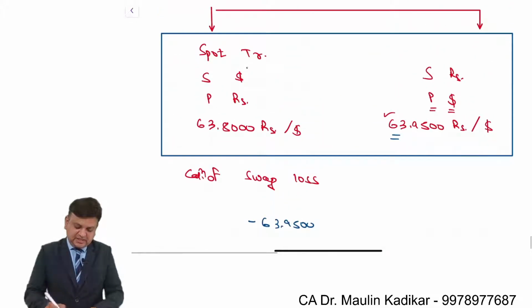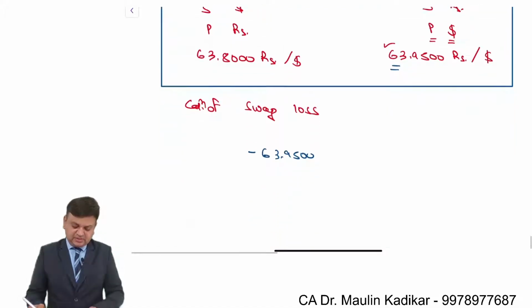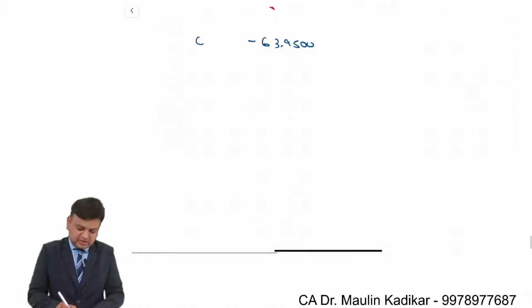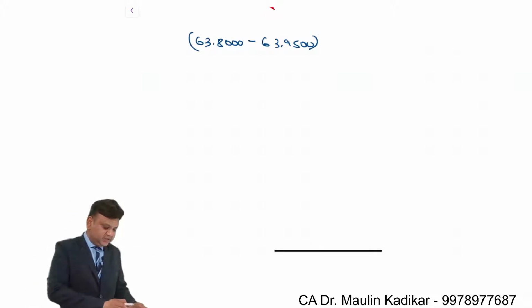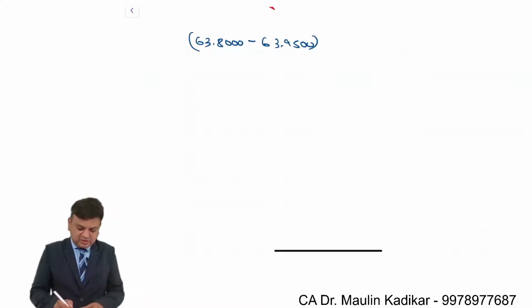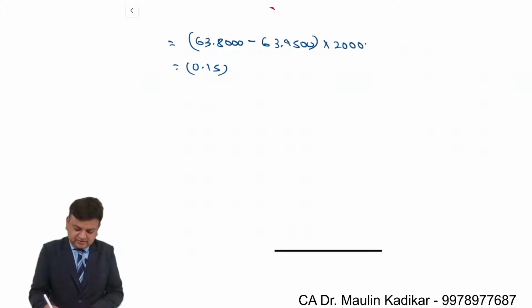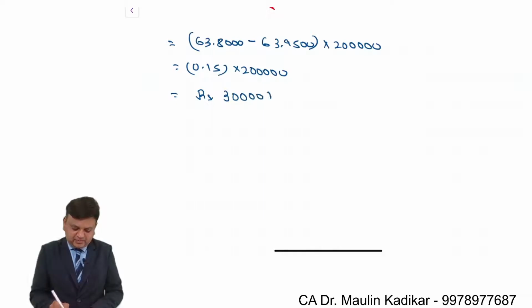And this is the rate at which you convert the dollar into rupees. So 63.80 is the amount that you receive. So 63.8 minus 63.95, there is a loss of 15 paise. This is the swap loss into 2 lakhs. So this is the swap loss which I have to recover from the customer. This is what we understand.